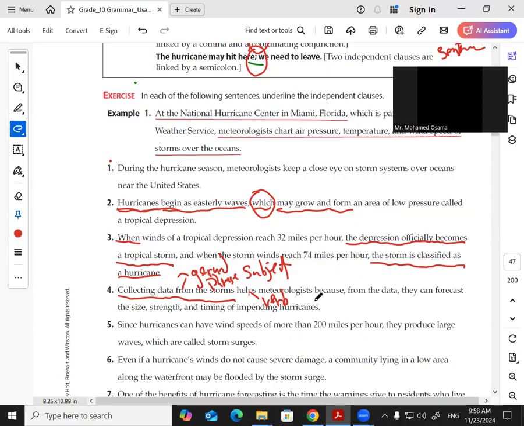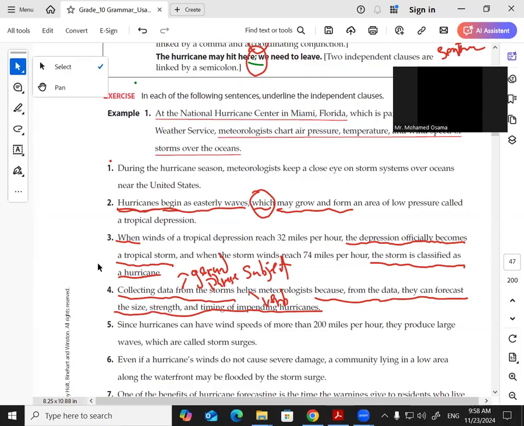Starting from because, I don't have a complete thought: because from the data, they can forecast the size, strength, and timing of impending hurricanes. This isn't a complete thought, it's a dependent one.